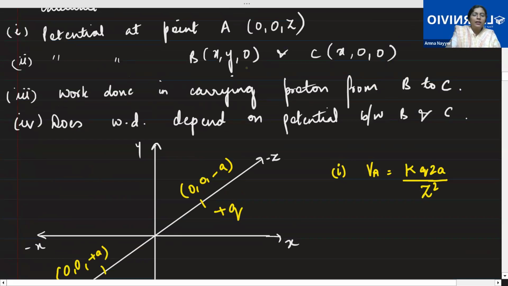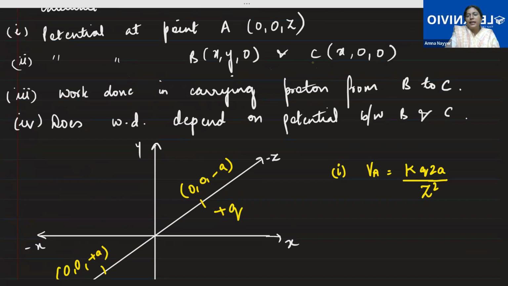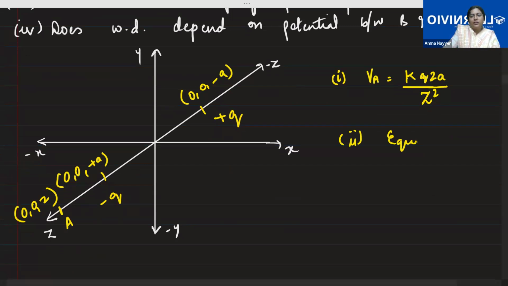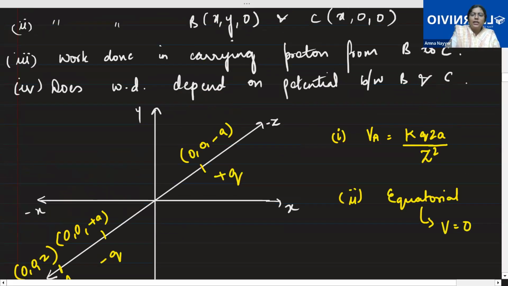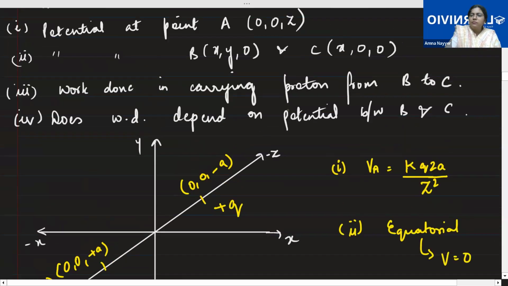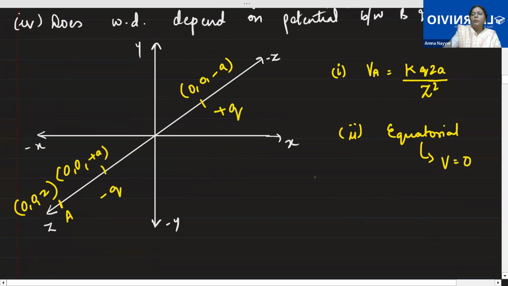Second part is potential at B. Now see, for the B part or C part, all these points are lying on either the x-axis or y-axis. So anyways, this will be equatorial. That means potential will be 0. Third is work done in carrying a proton from B to C. Potential is 0, equipotential surface, so work done will also be 0.